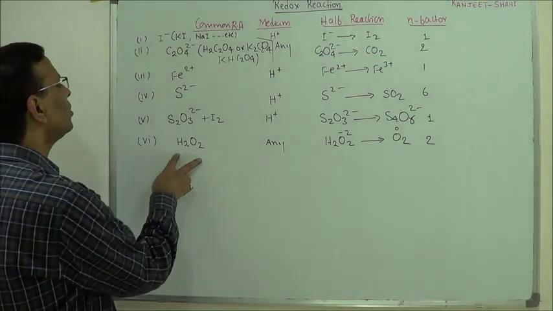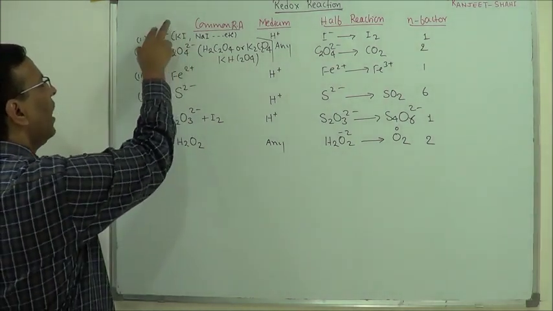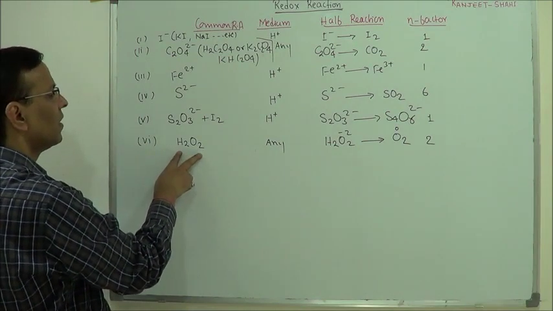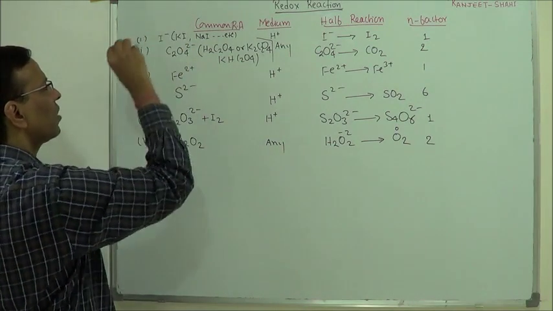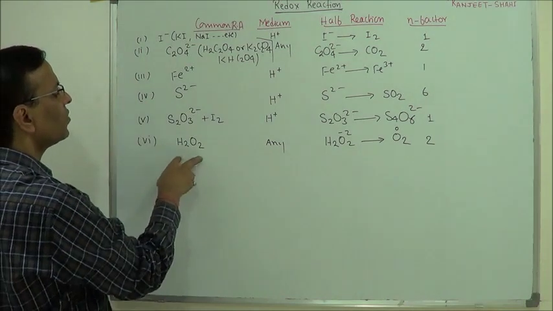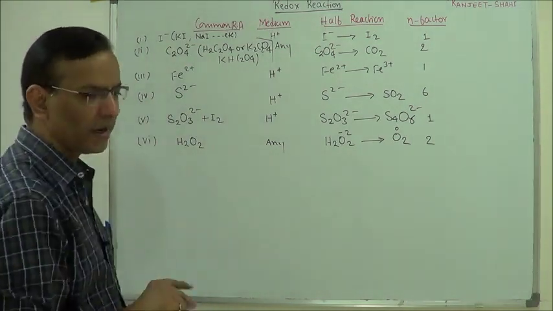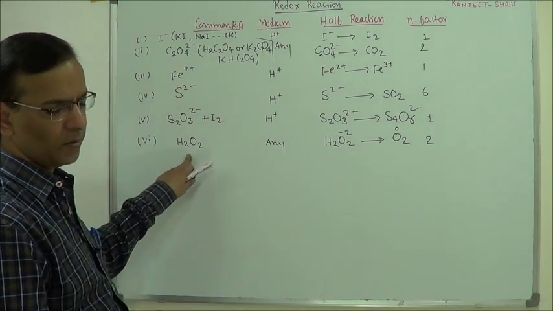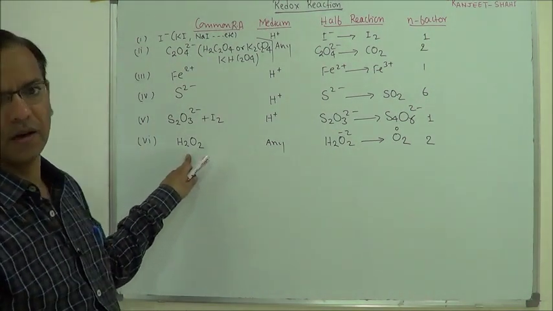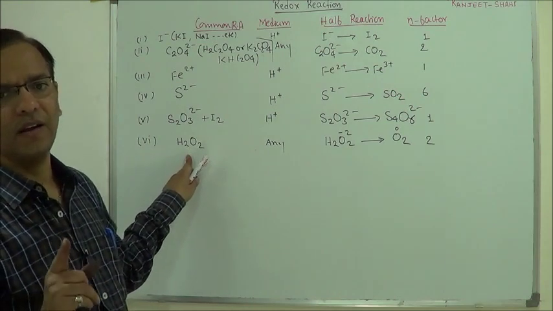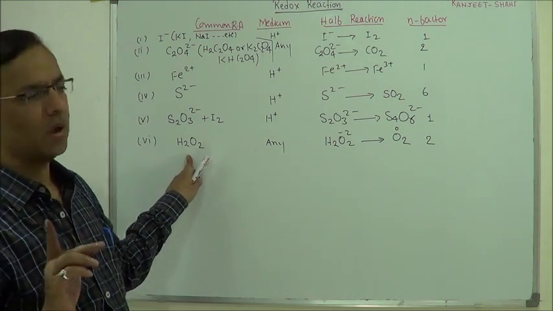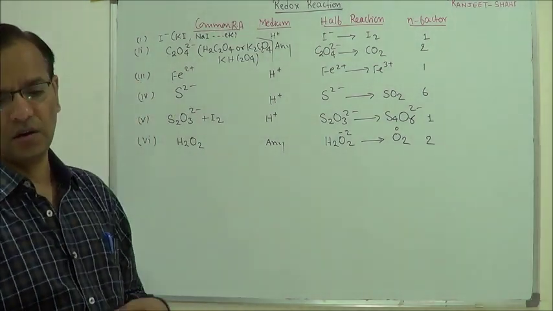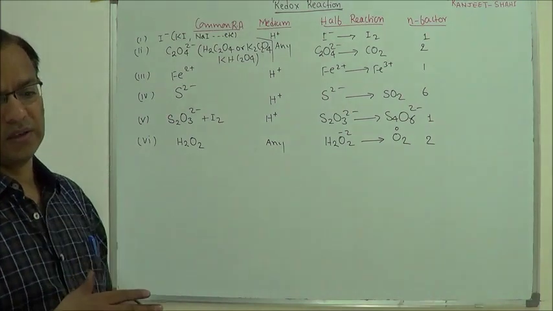If H2O2 is used with oxalate or iodide, it will act as an oxidizing agent because these are strong reducing agents. But if H2O2 is used with potassium permanganate, it will act as a reducing agent because potassium permanganate is a strong oxidizing agent. So these are some common oxidizing and reducing agents and their corresponding N factors.